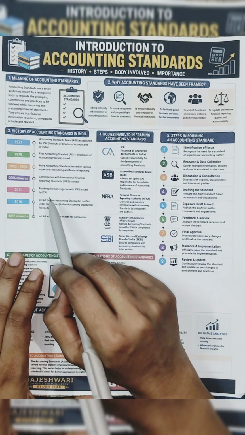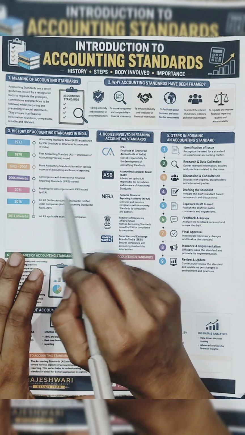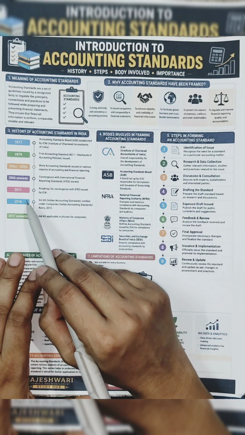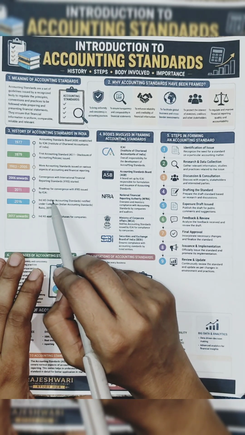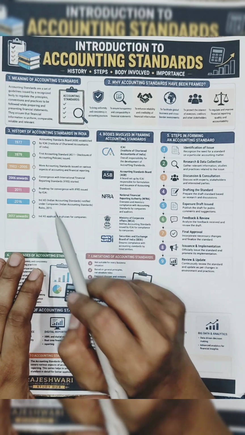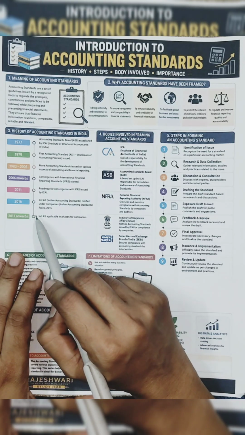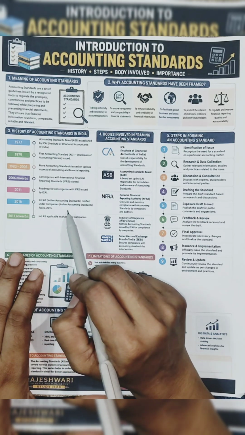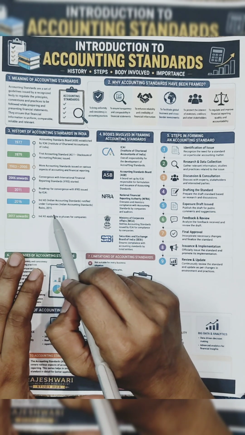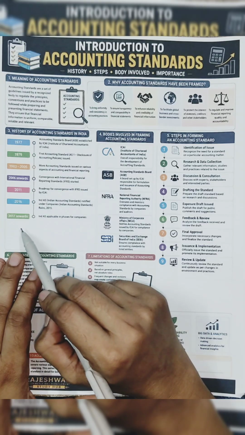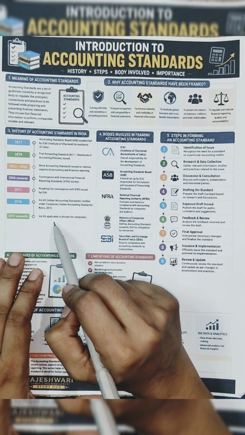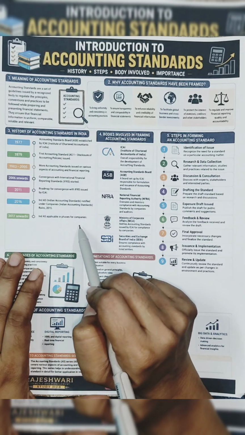From 2006 onwards, convergence with the International Financial Reporting Standards started. In 2011, a roadmap for convergence with IFRS was issued by the ICAI. In 2016, Ind AS, Indian Accounting Standards, were notified under the Companies Rules 2015. From 2017 onwards, Ind AS became applicable in phases for the companies.